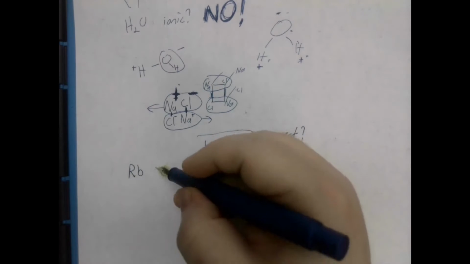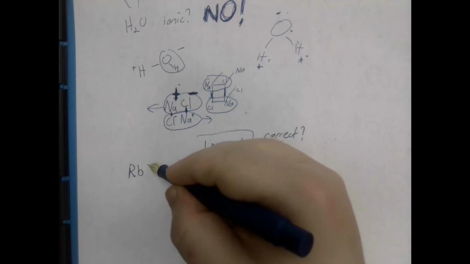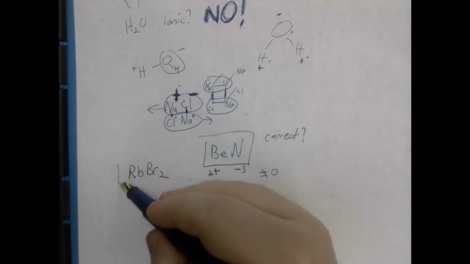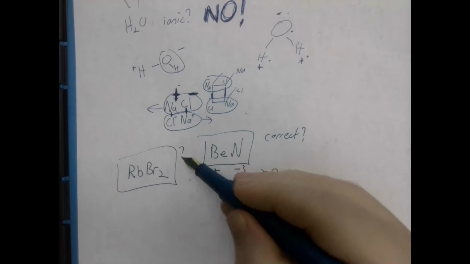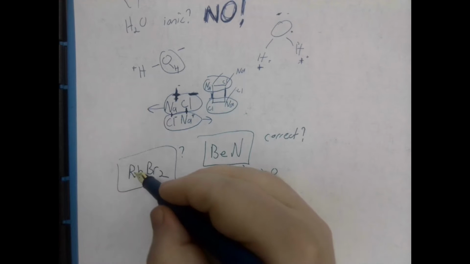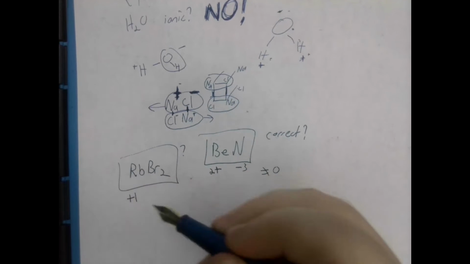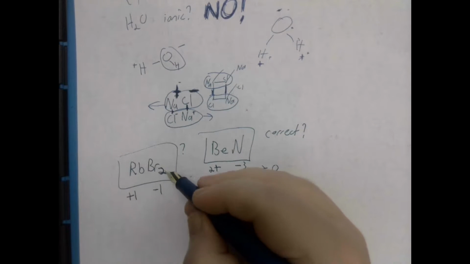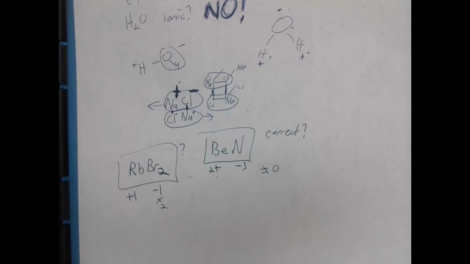Rubidium bromide. Is that possible? So the charge on the rubidium is +1. The charge on the bromine is -1. But there's 2 of them, so that gets multiplied by 2.